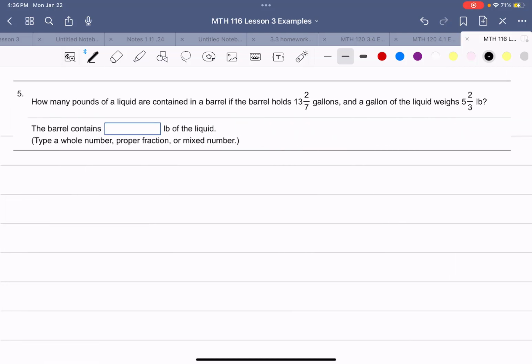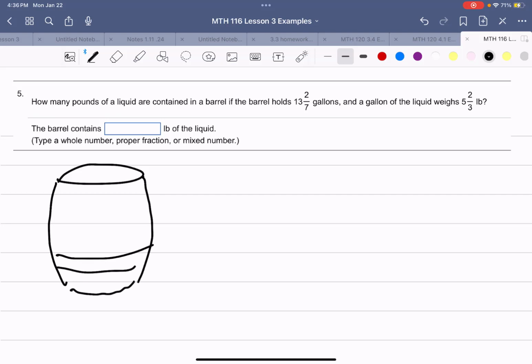Example number 5. How many pounds of a liquid are contained in a barrel if the barrel holds 13 2/7 gallons and a gallon of the liquid weighs 5 2/3 pounds? So just a quick sketch again so we can figure out what it is we need to do. Inside of here, say each one of these layers is a gallon.